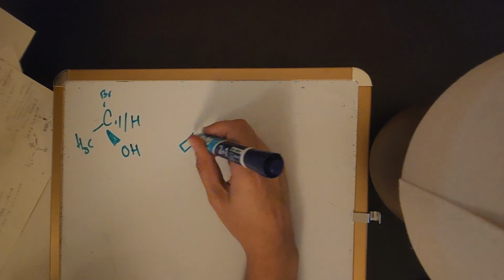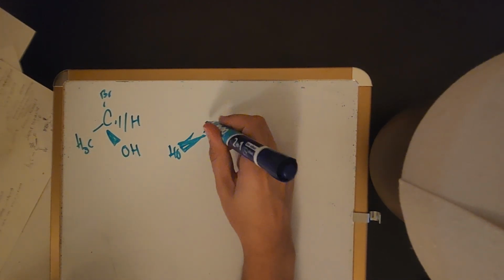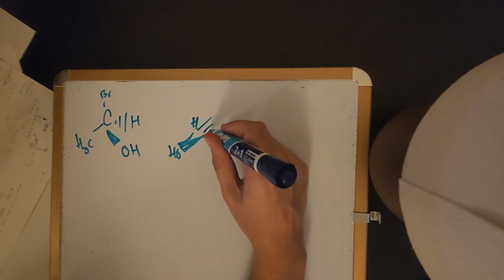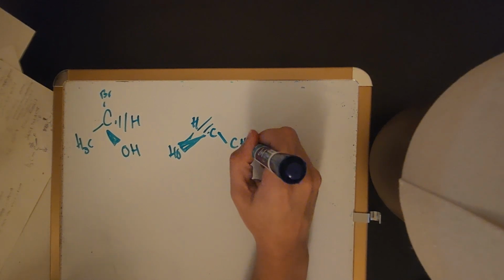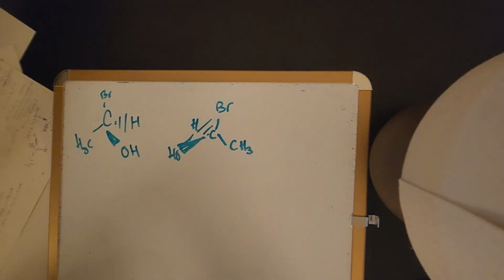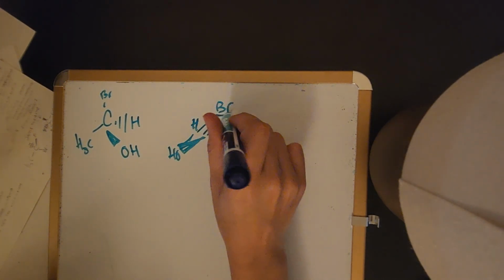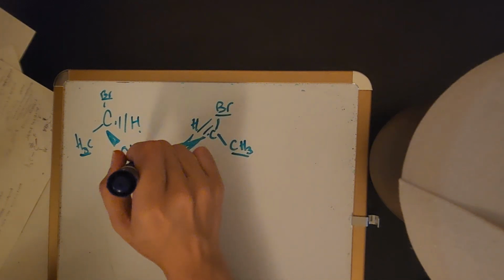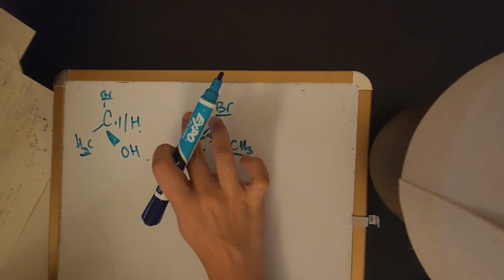Here you have HO, H, CH3, Br. Okay, now if you can notice, Br and CH3 remain the same, while H and OH switched places.